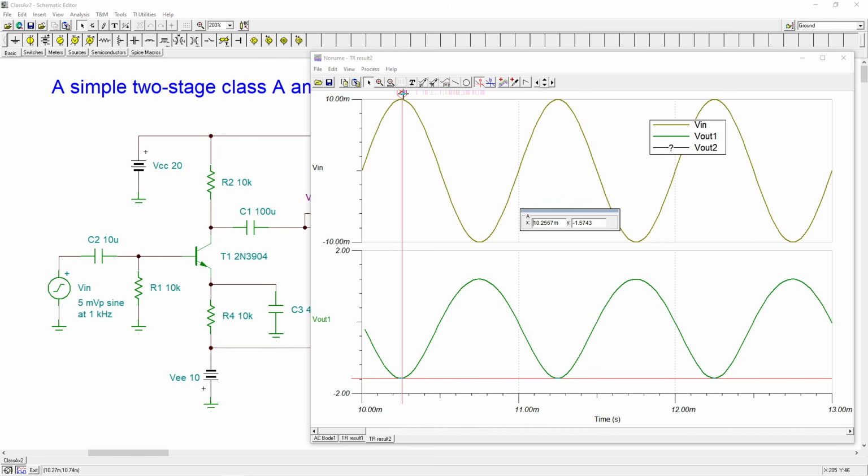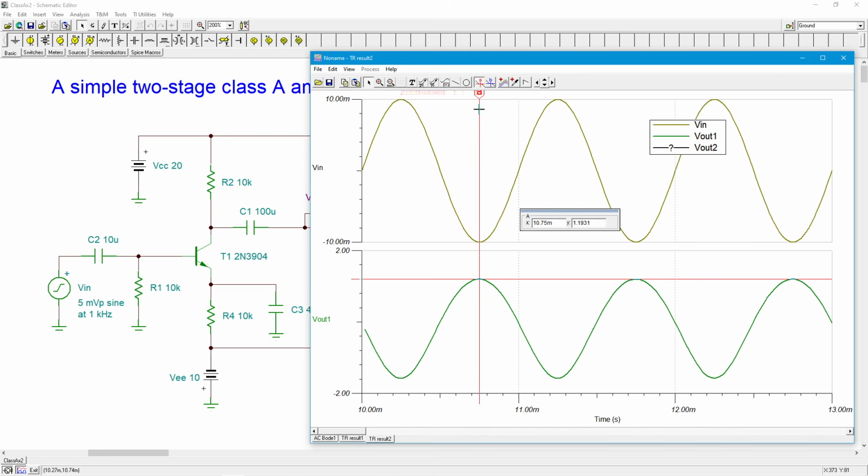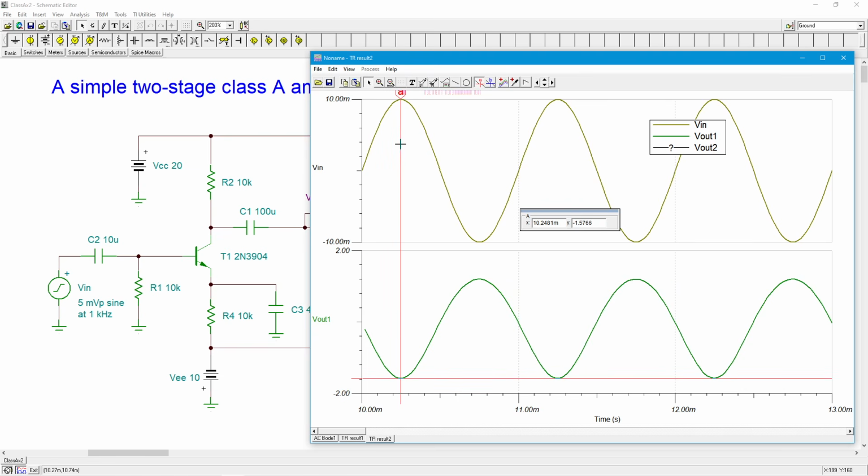Now, what am I getting on my peaks? So on this peak, I'm getting like 1.19, almost 1.2 volts. And on the negative peak, we're getting a negative about 1.57, 1.58. Well, even if you tack on another 70 millivolts, right?